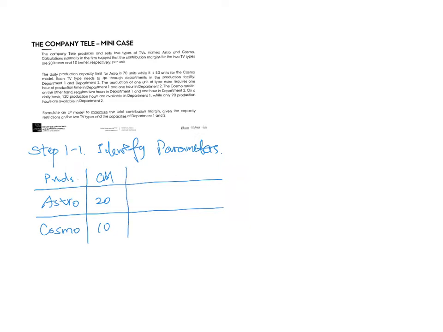Furthermore, we have a capacity limit for each product. So we have a production capacity, I just use a shorter name. Capacity is 70 and 50 units.